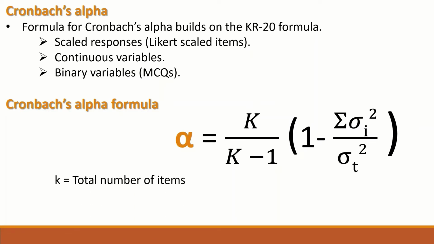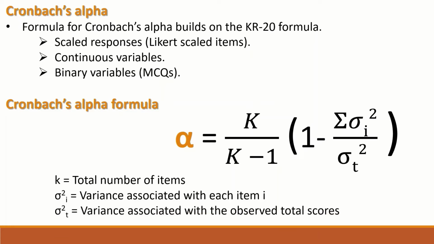So k represents the total number of items, the variance i represents the variance associated with each item, and the variance T represents the variance associated with the total scores.